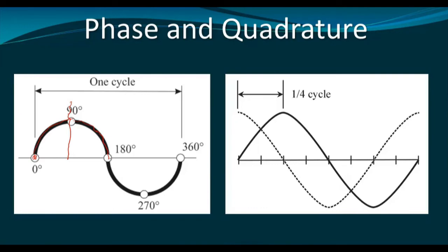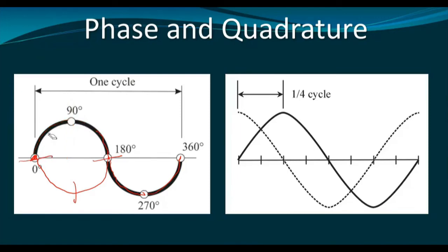And then again it goes to negative maxima, then it is 270 degrees, and again it comes back to 0, and then it is actually 360 degrees. If we compare a complete wave like this, this is 0, this is 90, 180, 270 and 360.